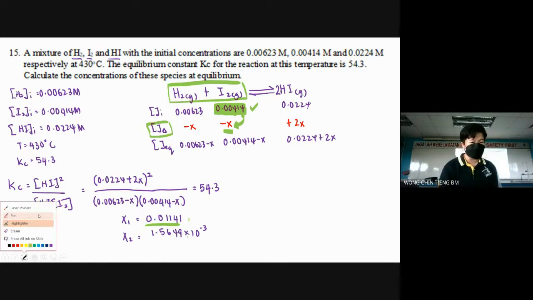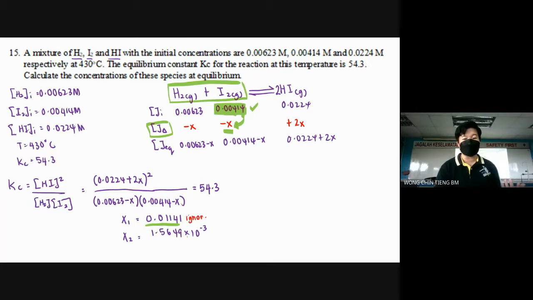Therefore, in this case, pakcik ni kita akan ignore. Tak payah padam sebab kamu objektif kan. Kalau dulu masa zaman subjektif, saya tak bagi budak saya potong, saya tak bagi budak saya liquidkan dia. Kekal sebab dia matematik. Kita ignore dan kita ambil yang ni. Betul? So this is the X yang kita akan guna untuk the rest of the calculation.